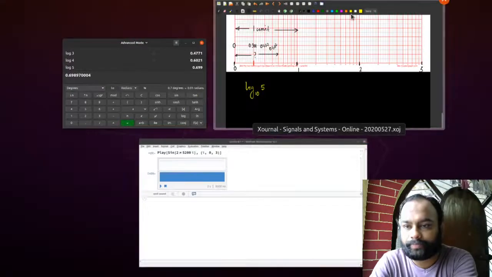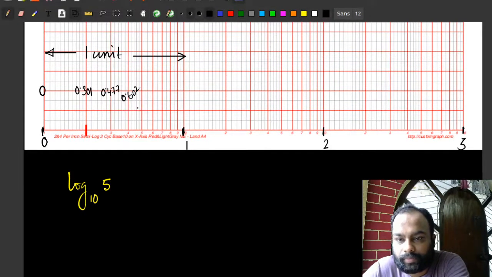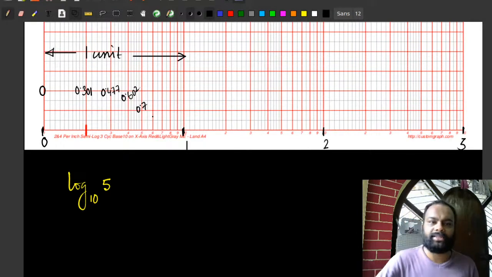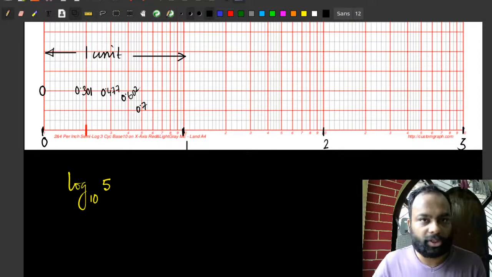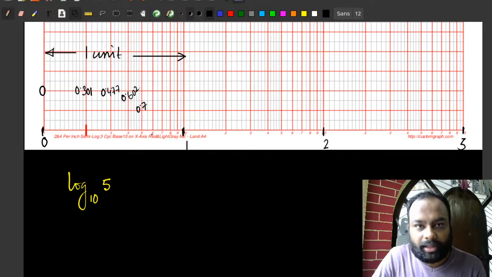All right. Yeah, 0.69, around 0.7, so 0.7. No issues with that. What about this length at this point? From this to this. What about this length?